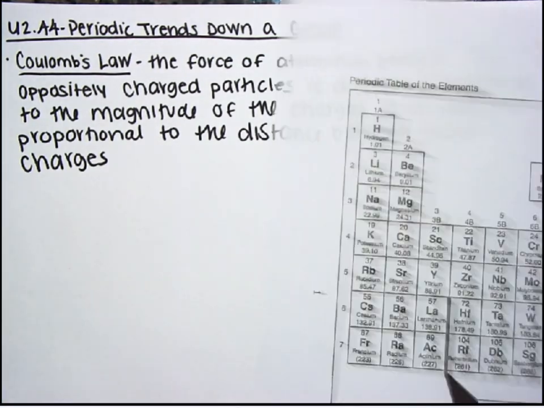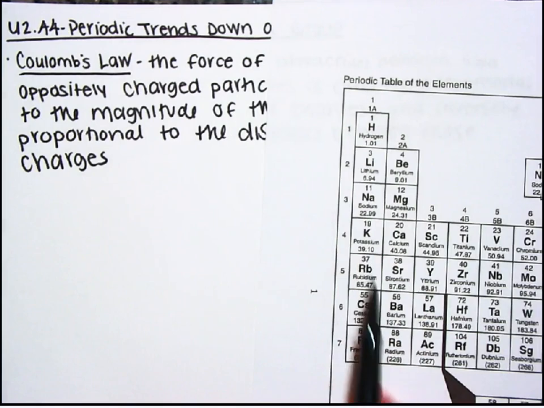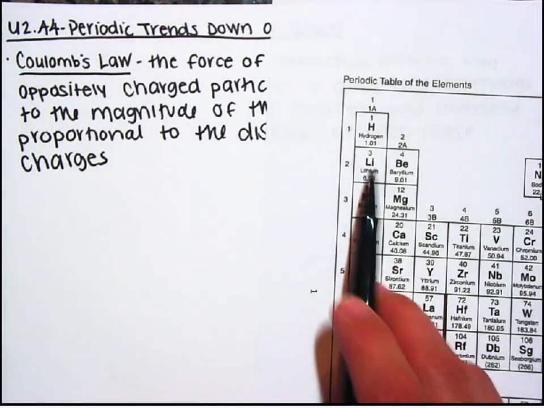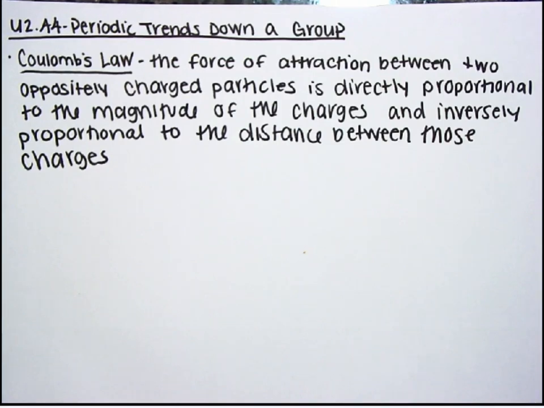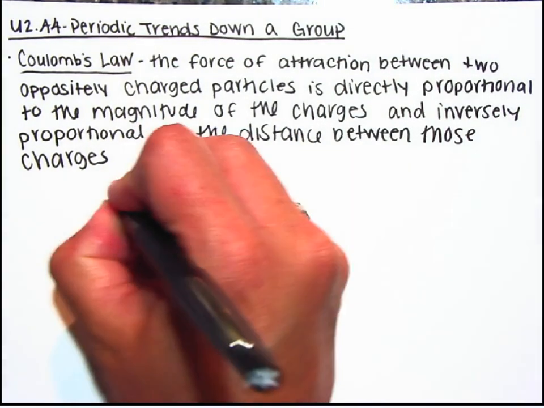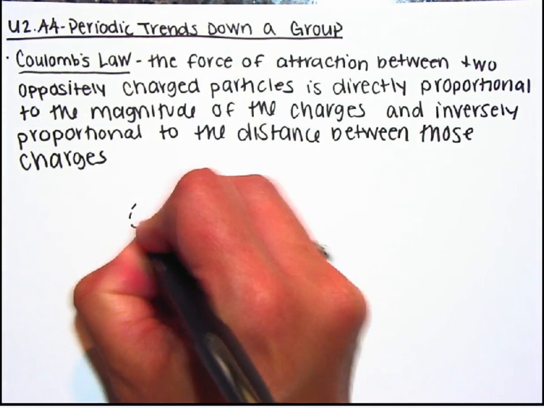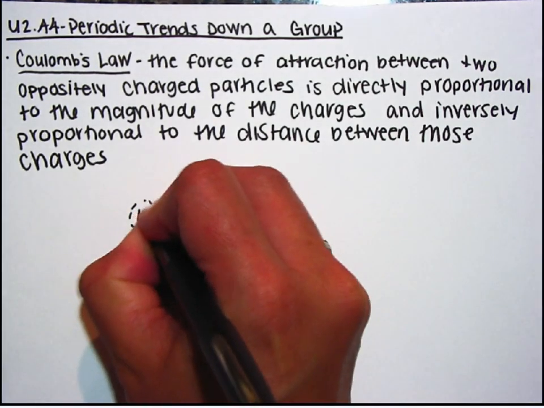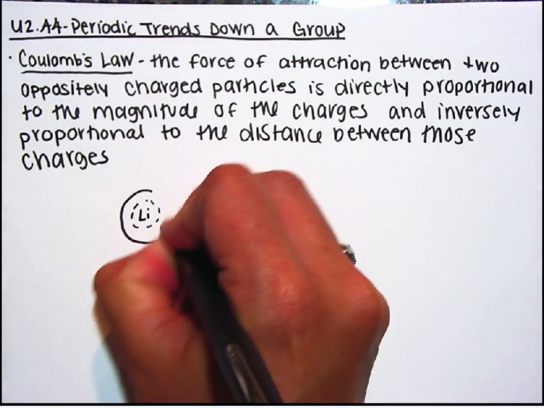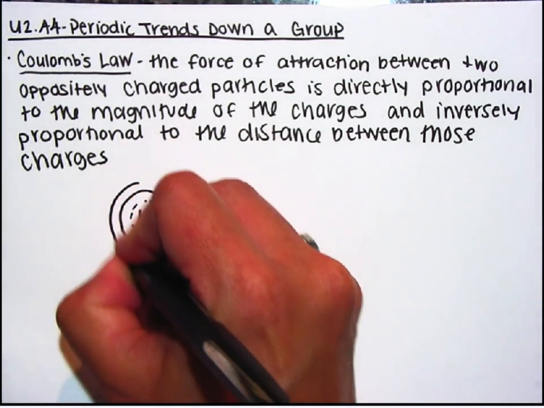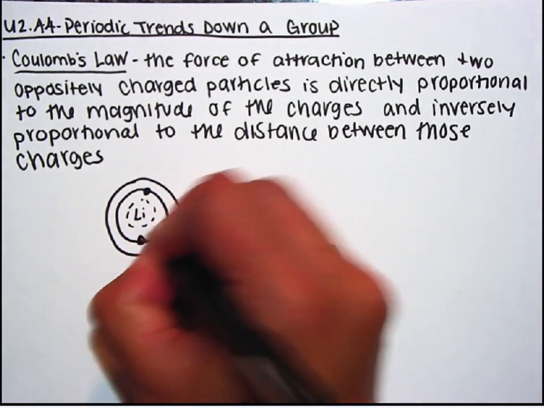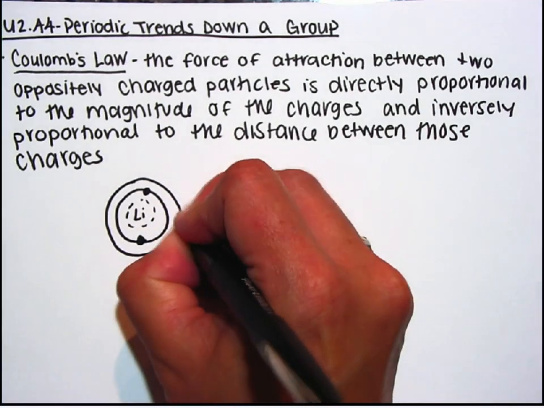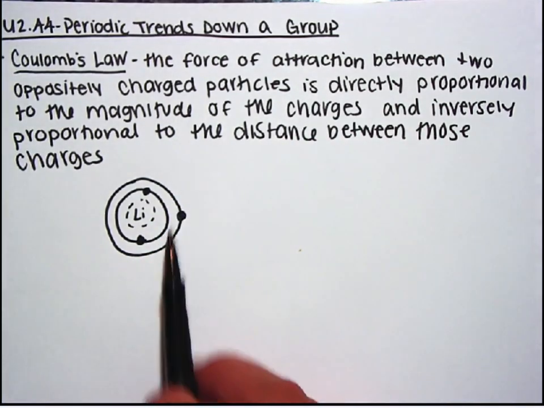So how does that help us explain trends as we go down a group? Let's look at lithium versus sodium. Lithium is in period 2.